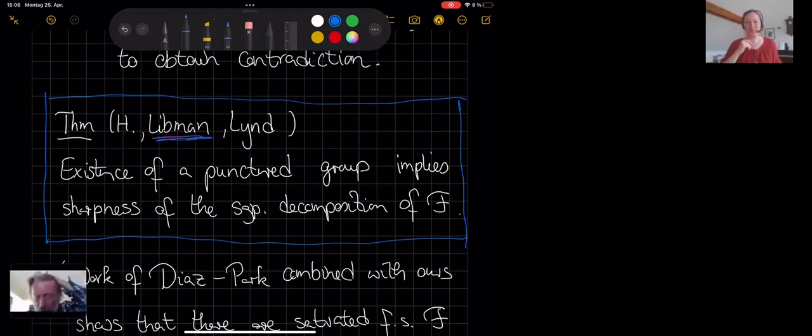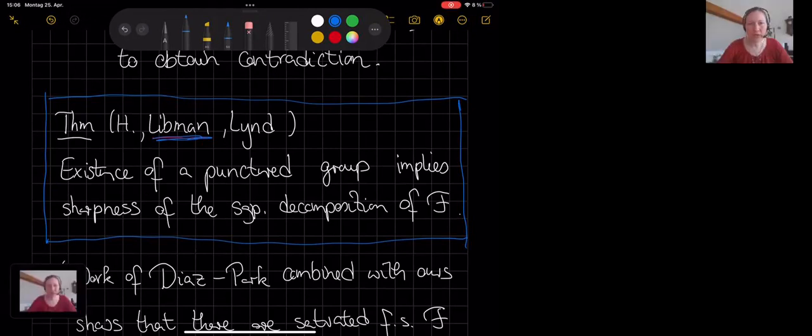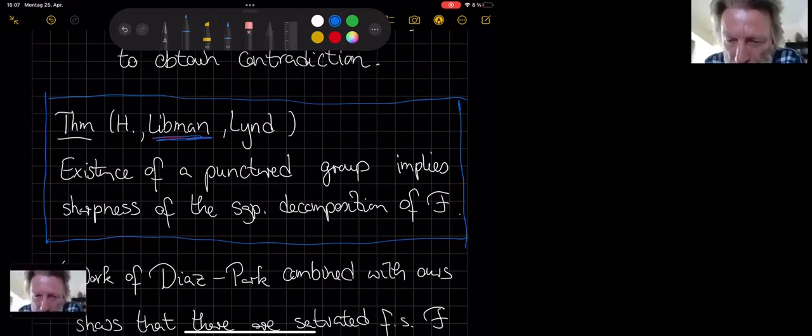It's actually the opposite of fusion systems. Is there such a thing as a punctured p-group? A punctured what? A punctured p-group. So if the fusion system is nilpotent, then I understand that every p-subgroup is subcentric.